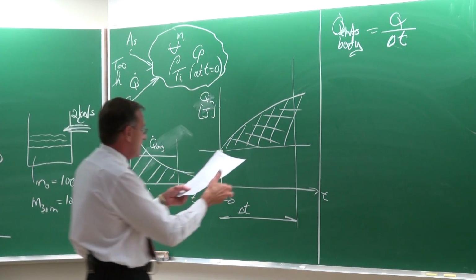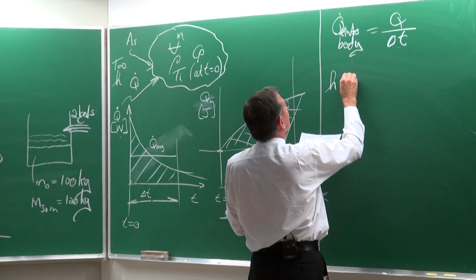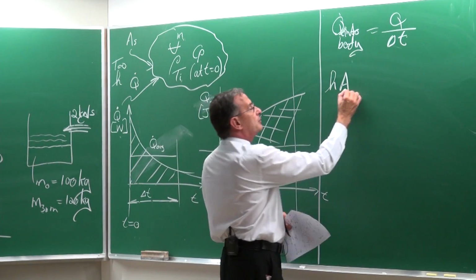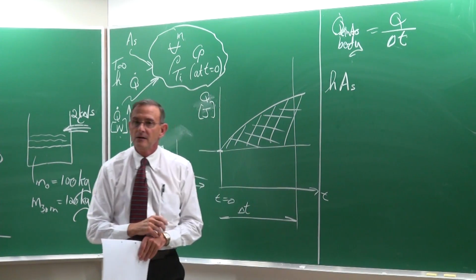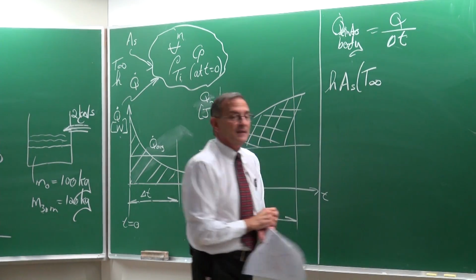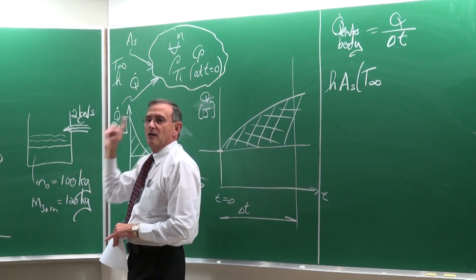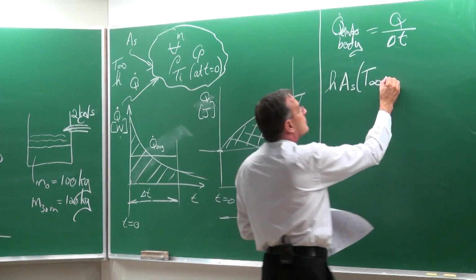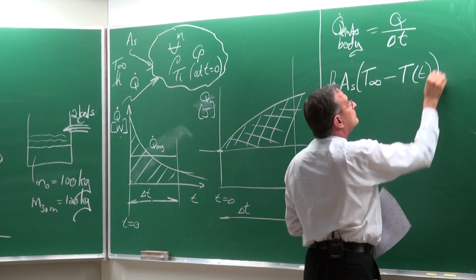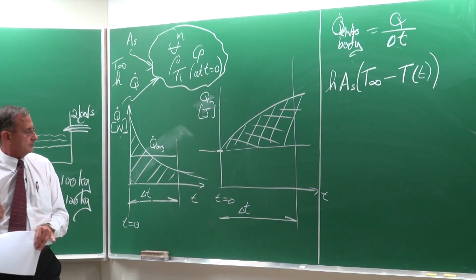The heat transfer rate going in is the heat transfer coefficient multiplied by the surface area multiplied by the temperature, T infinite, minus the temperature of the body. But it changes as a function of time.